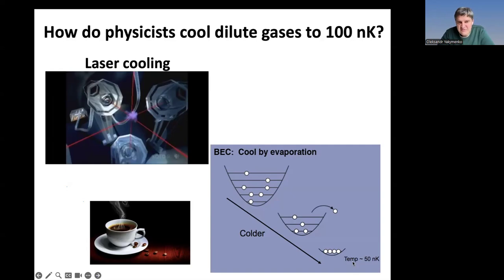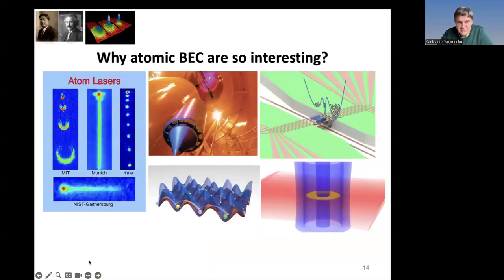The basic physics is the same, and it is used to gain tens or hundreds of nanokelvins. You will lose some atoms, but you have some in the condensed state. So that is the idea of the formation.